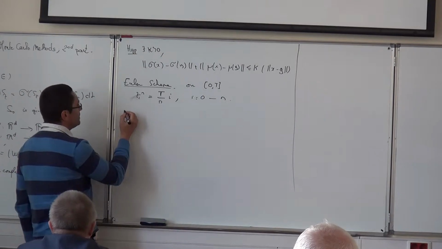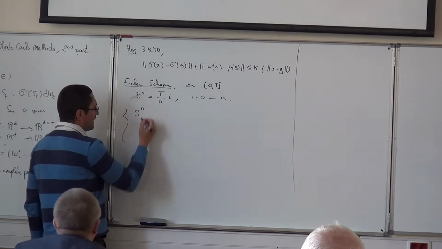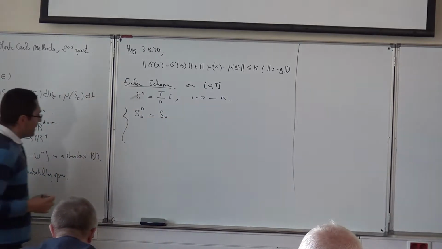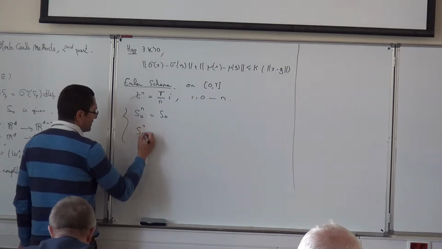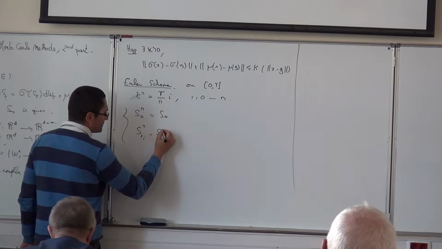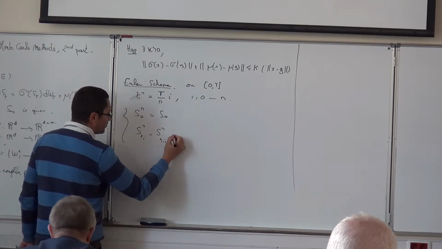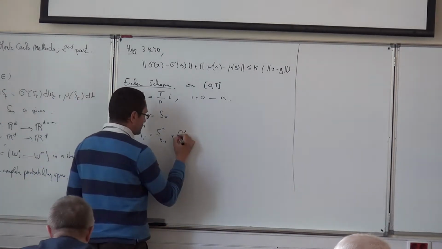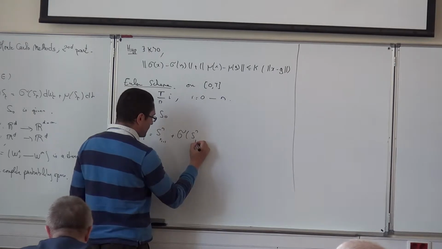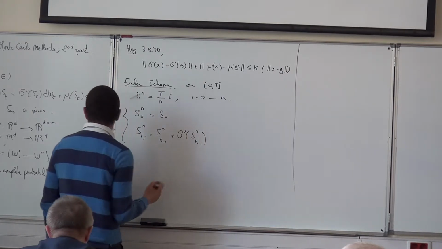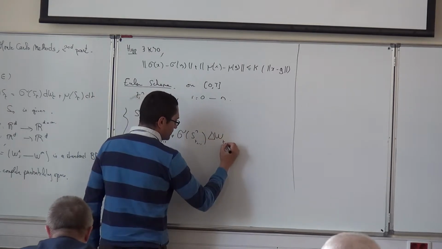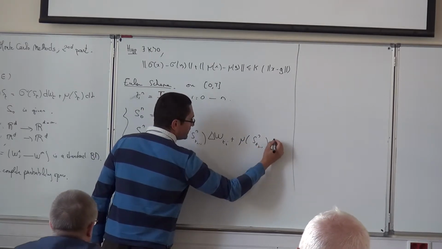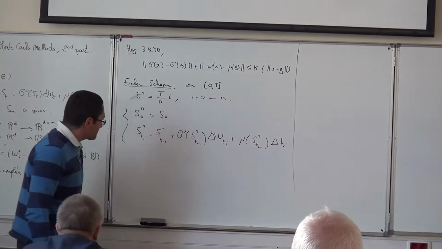Then we introduce this scheme: S^n_0 equals S_0, the initial value, and then inductively we define S^n_{t_i} as S^n_{t_{i-1}} plus sigma(S^n_{t_{i-1}}) delta W_{t_i} plus mu(S^n_{t_{i-1}}) delta t_i.